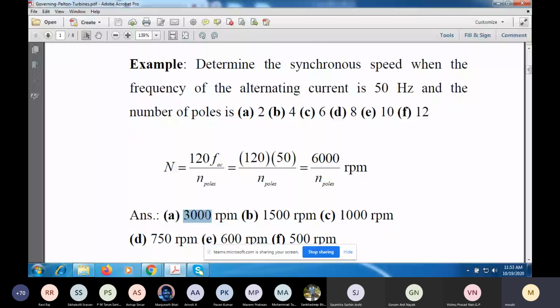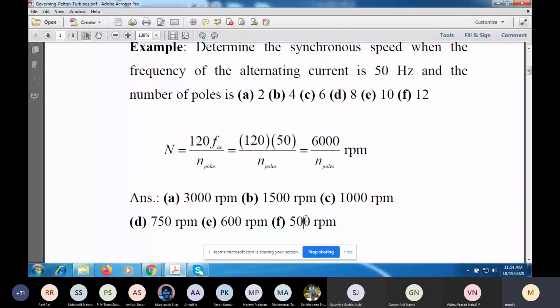If you have an electric generator with 4 poles, then it must run at 1500 RPM. If it has 6 poles or 3 pole pairs, then your turbine must run at 1000 RPM. If there are 8 poles, then it should run at 750 RPM. If there are 10 poles or 5 pairs... If there are 6 pairs or 12 poles, then it will run at 500 RPM.